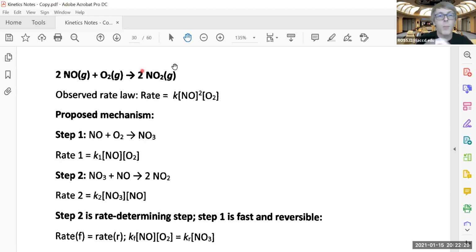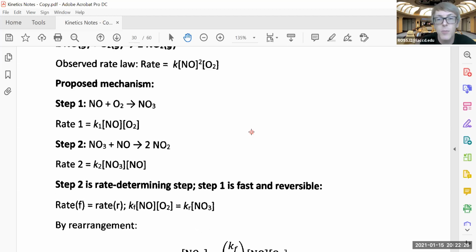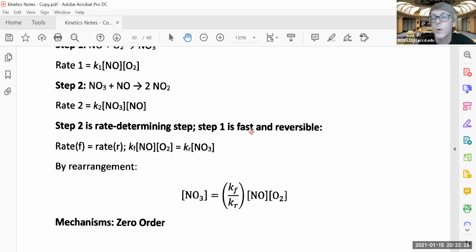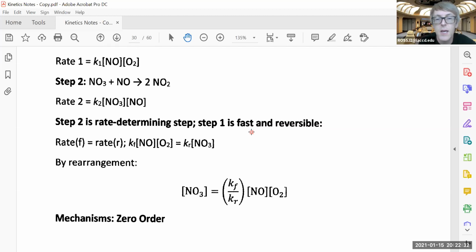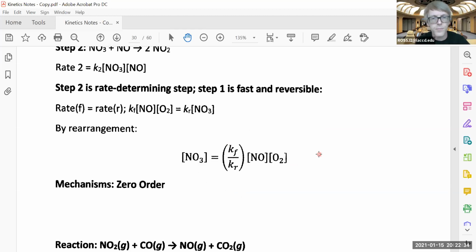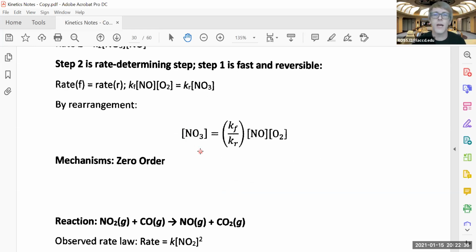Yep, it's not present anywhere in the overall equation, but it is in our mechanism. It's produced in step 1, it's consumed in step 2, so it's an intermediate. And we said earlier we can't measure the concentrations of intermediates accurately, so we want to solve for them. So I can't measure NO3 accurately, but I do know I can measure rate constants and non-intermediates accurately. So now I've set my intermediate in terms of something that's not an intermediate.